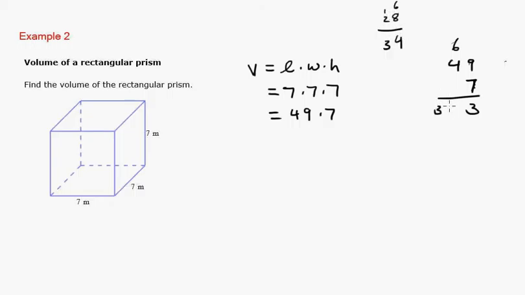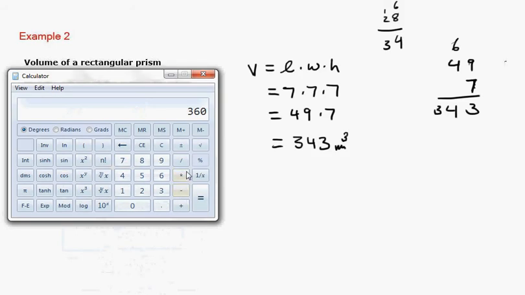So I get 343 meters cubed. And then if you don't trust yourself, never hurts to check. 7 times 7 times 7 is 343.